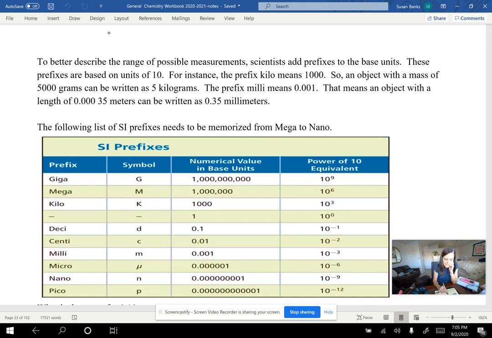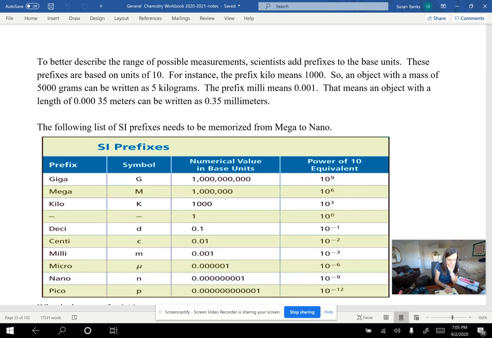So next example, the prefix milli means 1/1000th with a th on the end. So that means that I would have 1,000 millimeters, for example, in 1 meter. Okay, so milli means smaller.